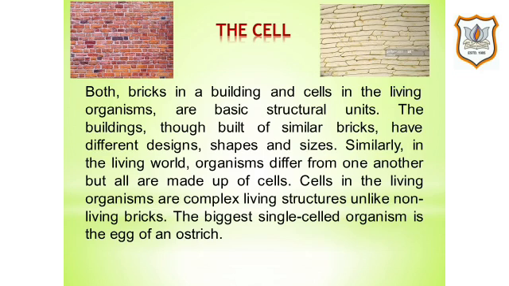The simplest organism, like amoeba, consists of only one cell, but a complex organism like man is made up of trillions and trillions of cells. So, we can say that cells are the basic unit of life.